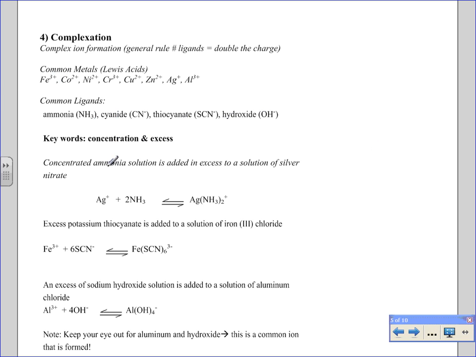So for example, concentrated ammonia solution, so it's NH3, is added to an excess of silver nitrate. So we removed the spectators here, so you get Ag+ and the ammonia. And as you know, the number of ligands is equal to double the charge. So in this case, we've got 2 ligands and the overall charge is +1.